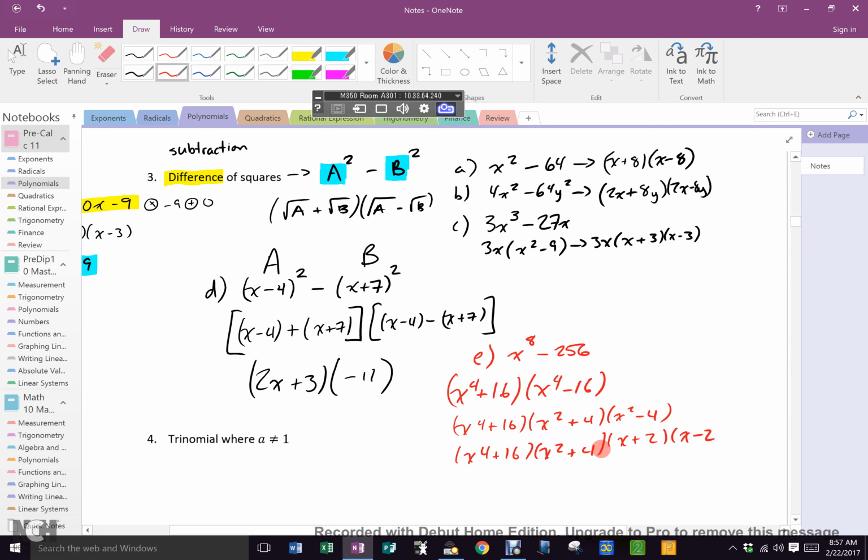Is everybody good? That's every permutation I can think of for difference of squares. Is everybody good? The only other thing that we do to mess you up is we make the last number 1. x to the 8th minus 1. 1 always gets smaller, yes?